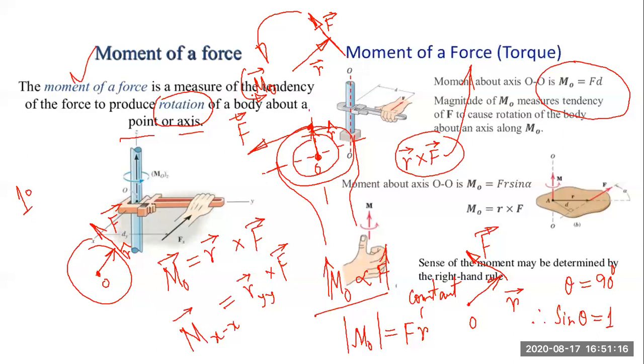So if the direction of the turning effect by a force applied, that means the direction of the moment produced by a force, is anti-clockwise, then there will be lifting up of a device or a system. And if there is a clockwise rotation, the body will be brought down.